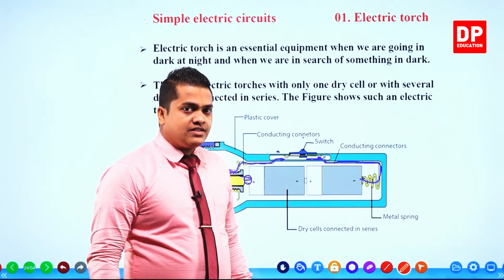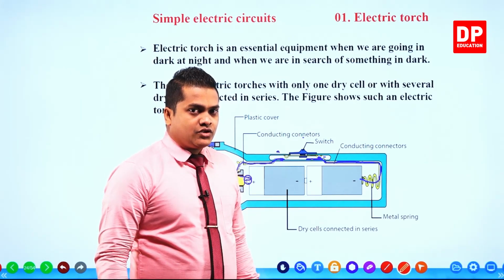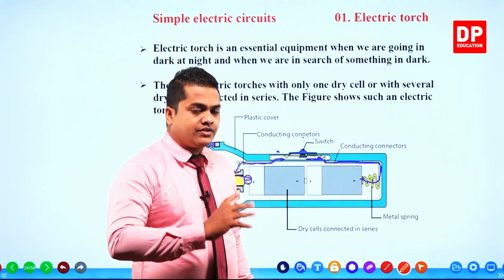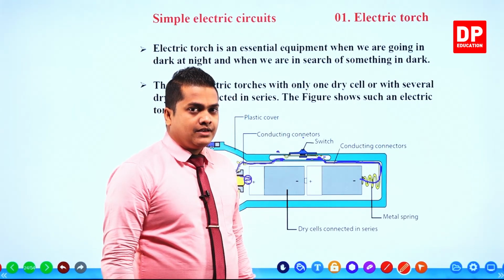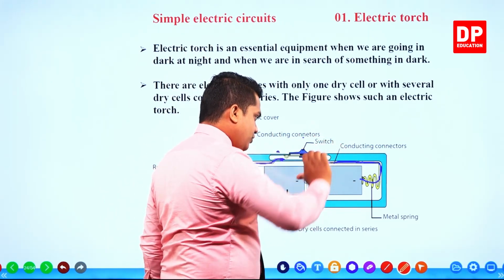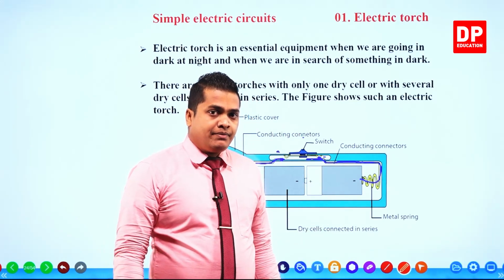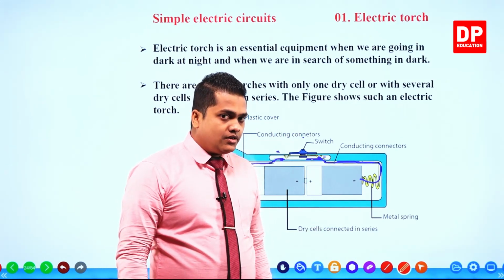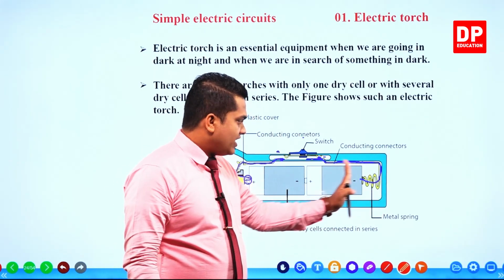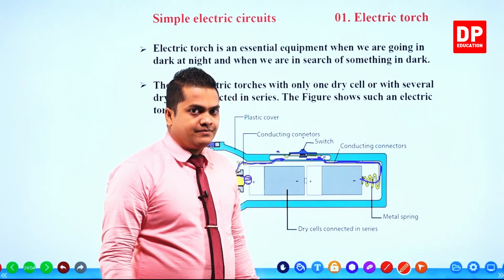Otherwise the dry cells would move here and there if not firmly fixed. So the spring provides a good firm grip for the dry cells. When you turn this cup to your right-hand side, the cup is tightened on the torch, the spring is pushed towards the dry cells, and the dry cells are fixed very well in the system.